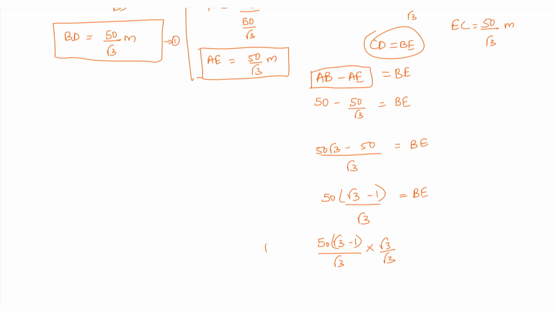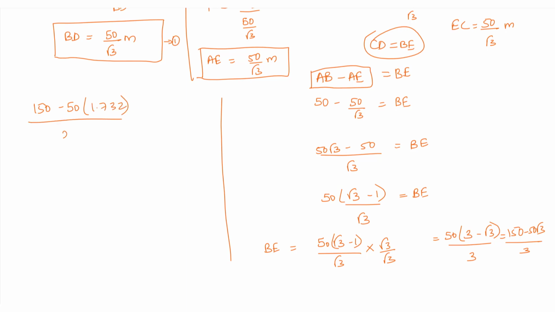What do we get? We'll get 50 into (3 minus root 3) by 3. That is equal to (150 minus 50 root 3) by 3. That is (150 minus 50 into 1.732) by 3.